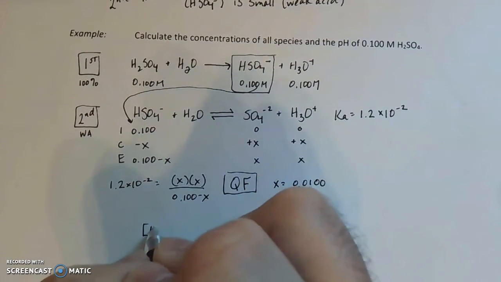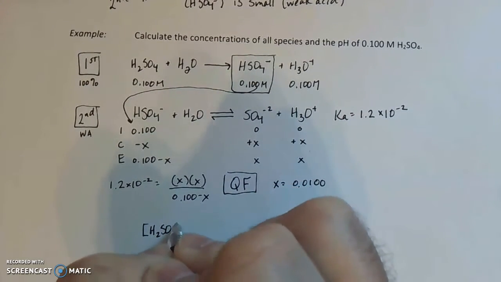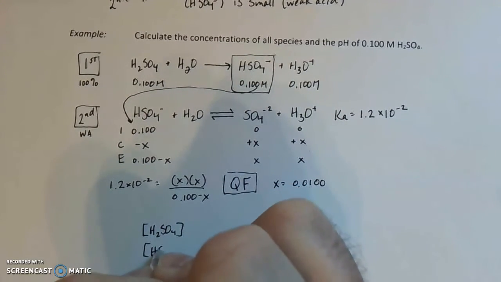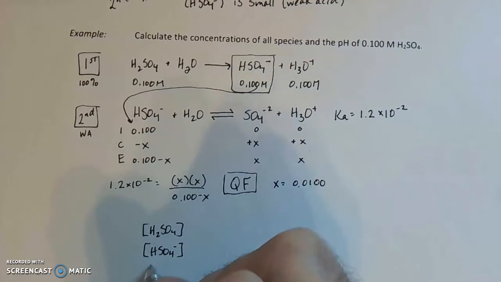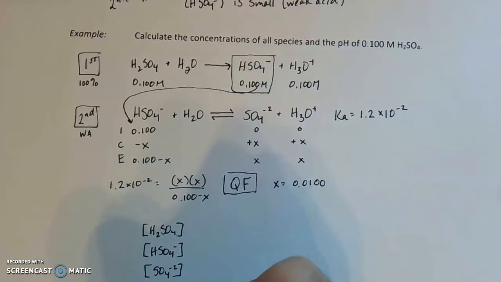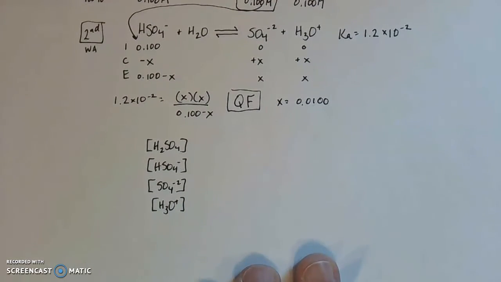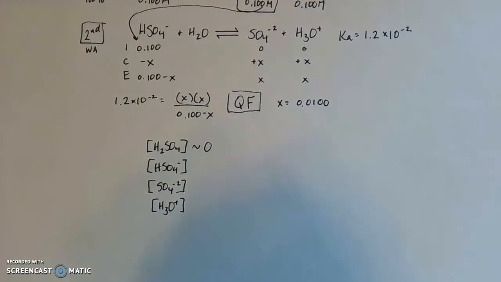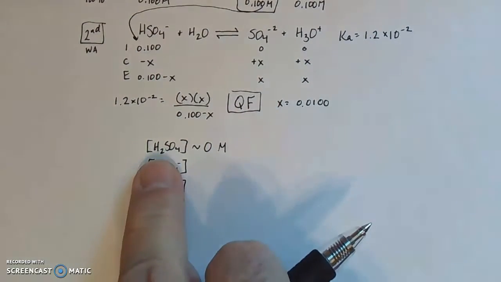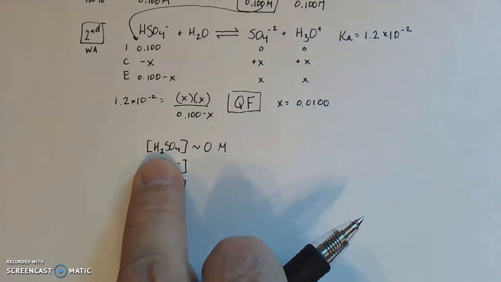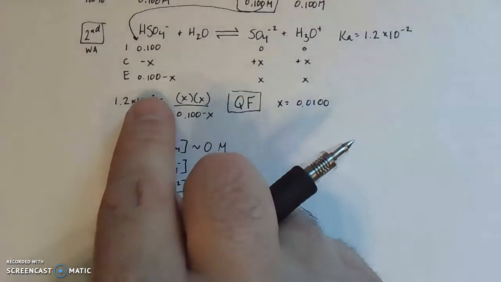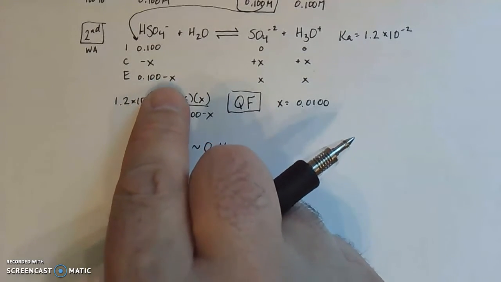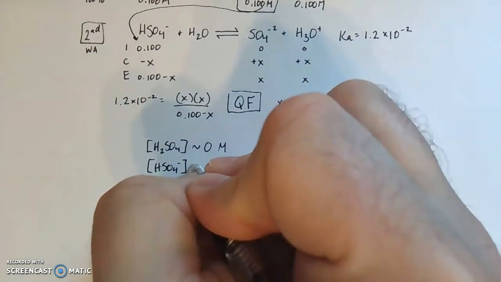So the concentration of all species, well, we have 4 different things. And they are listed here. So this is about 0 molar. We don't have any of this. HSO4 minus is 0.100 minus our X value.